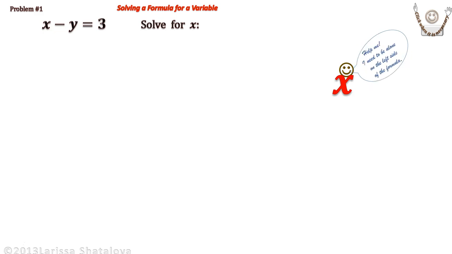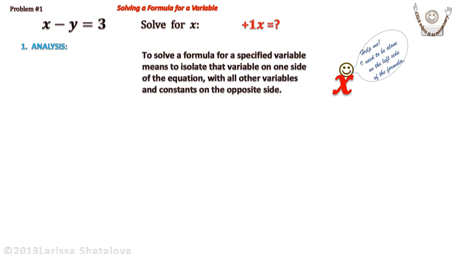That means that we have to show x on the left. Everything else is supposed to be on the right. Step number 1, analysis. To solve a formula for a specific variable means to isolate that variable on one side of the equation with all other variables and constants on the opposite side.